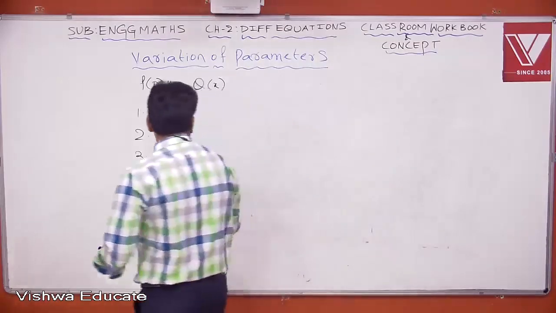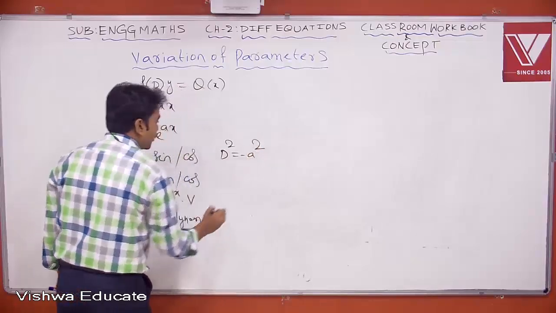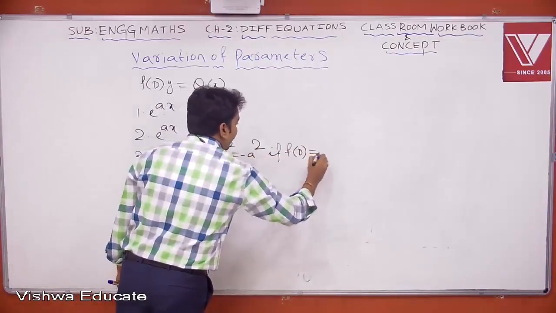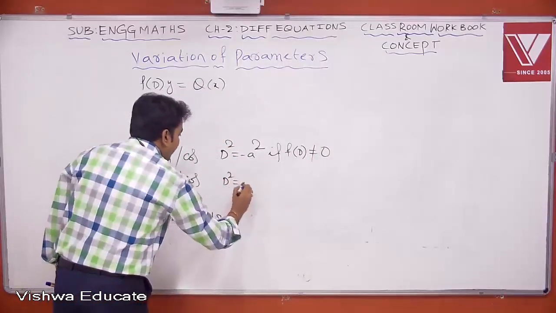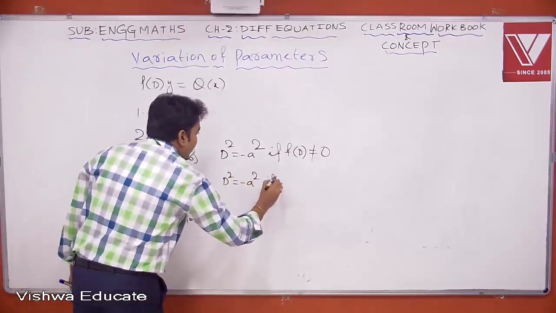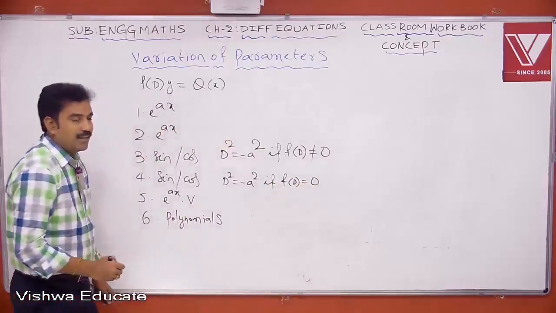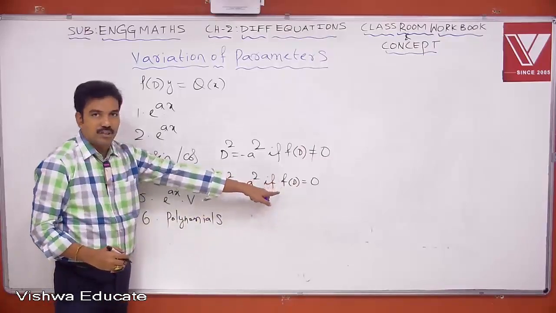Let me write this out. See here in this case what we are doing is we are replacing D square by minus a square if the expression F of D is not equal to 0. But in this case, when you replace D square by minus a square, in that case F of D equal to 0. So therefore, we are replacing D square by minus a square in that situation.